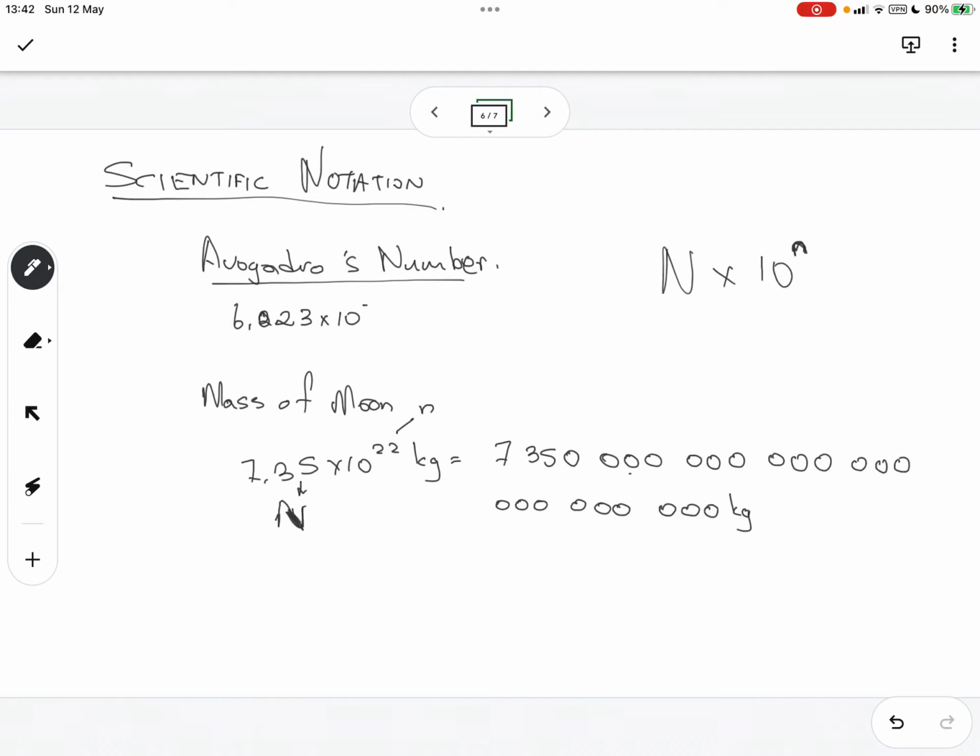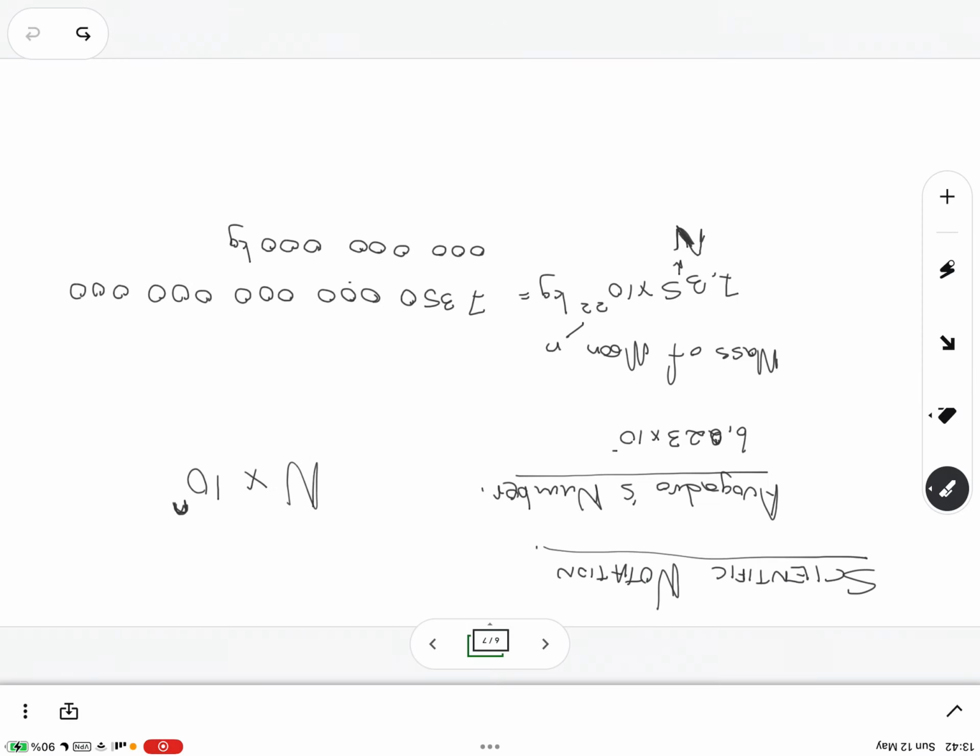It's 6.022 times 10 to the... Sorry, is it 10 to the 23 or negative 23? Negative 23. No, positive 23. Oh, okay. I wanted something smaller. Okay, it's fine. It's big.